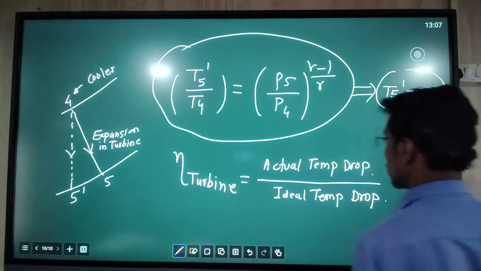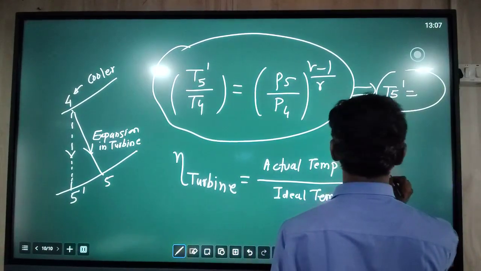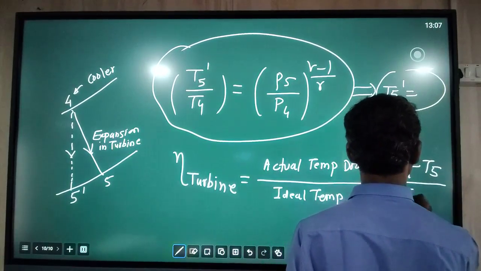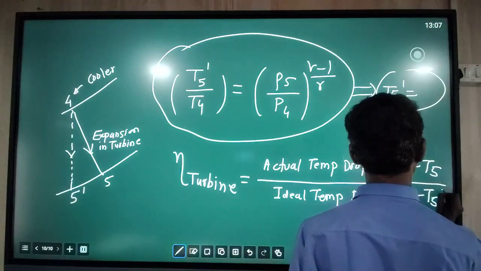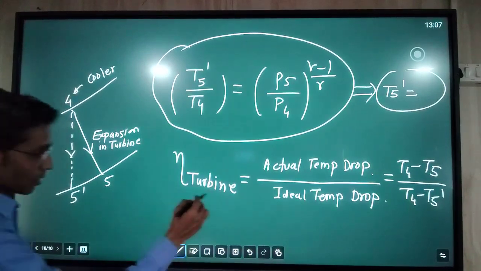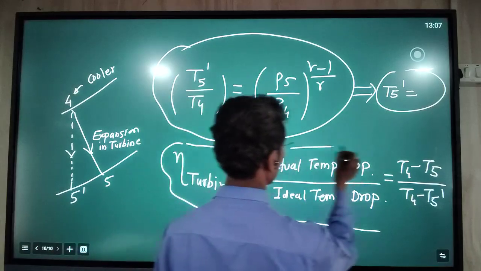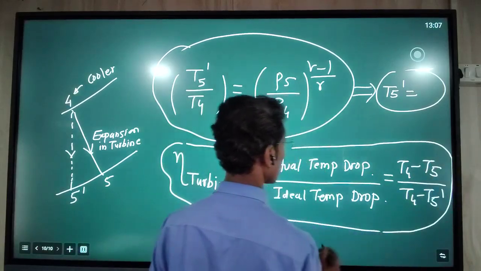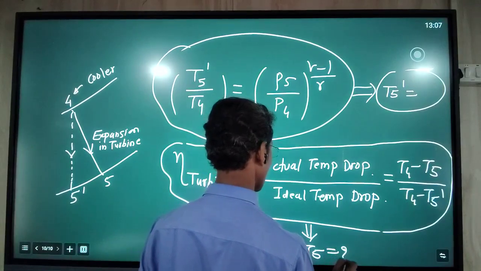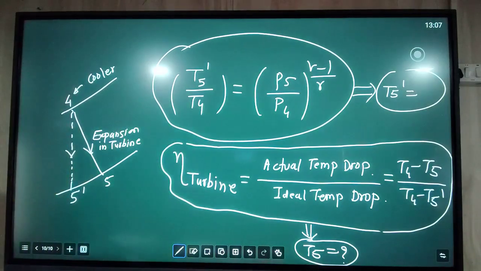So we can write it here: T4 minus T5 divided by T4 minus T5 dash. By using this formula, you can obtain the actual temperature at the exit of the turbine.